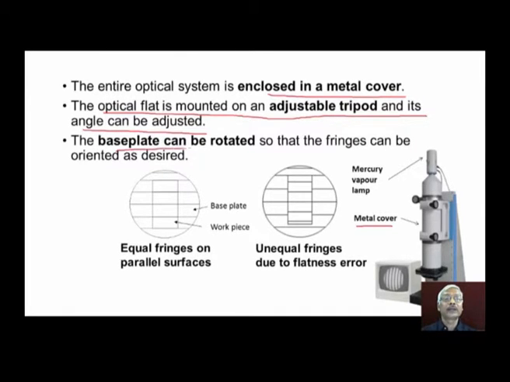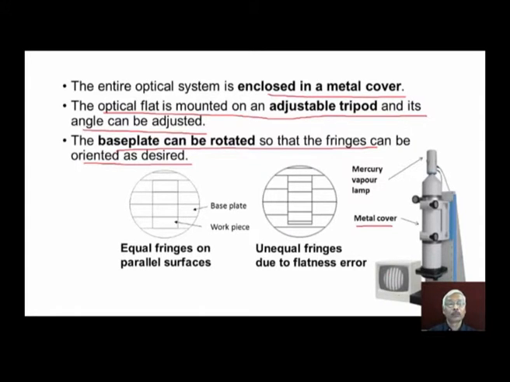The base plate can be rotated so that the fringes can be oriented as per the requirement. Through the eyepiece we can observe the fringe pattern. Here we can see a display unit is interfaced with the interferometer so that we can observe the fringe pattern on the monitor.